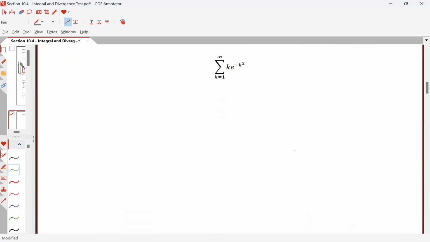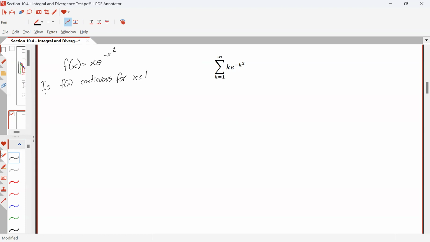We're going to take a look at our first example. The example is the series k equals 1 to infinity of k e to the negative k squared. We identify that our function is the function x e to the negative x squared. Take our sequence and turn it into the function. And we want to know, is f of x continuous for x greater than or equal to 1?